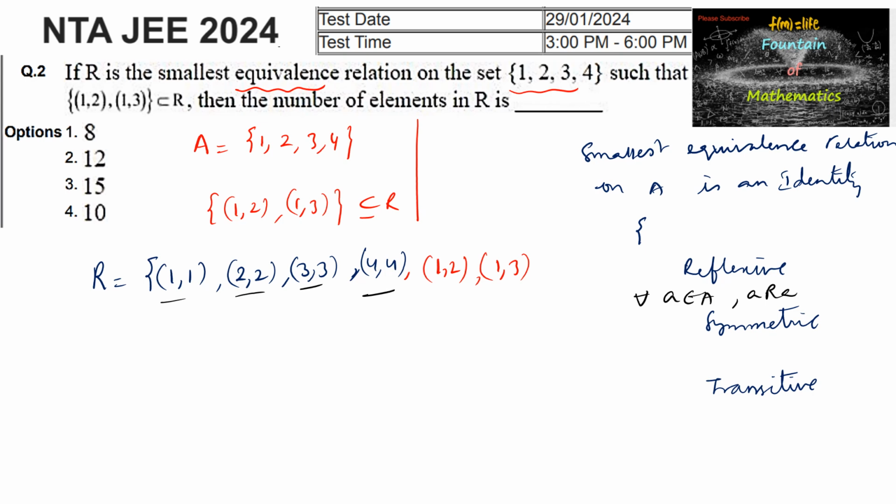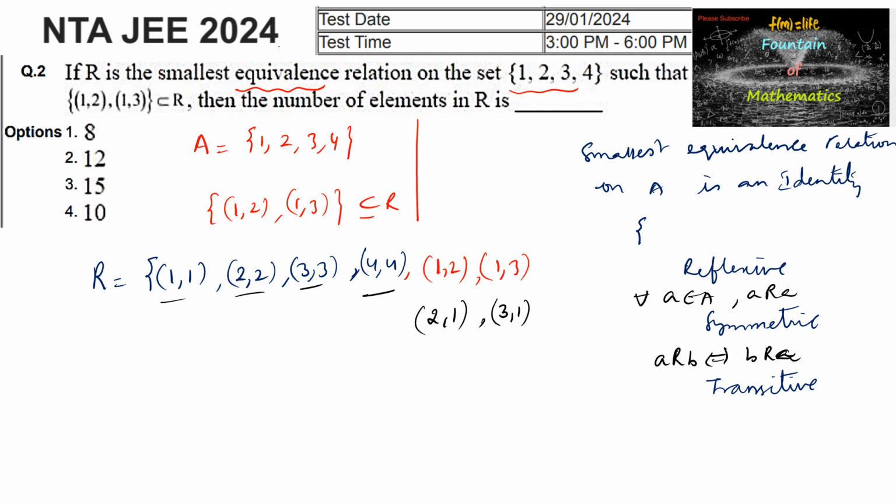And coming to the symmetric, if a is related to b, then b must be related to a. So here (1, 2) is belonging to R, then compulsorily we have to take (2, 1). (2, 1) must belong to R, and if (1, 3) belongs to R, then (3, 1) must belong to R.